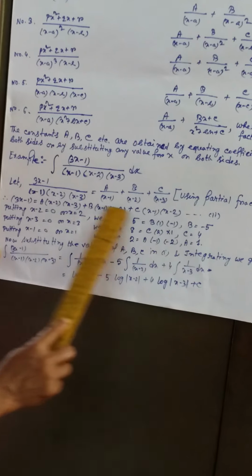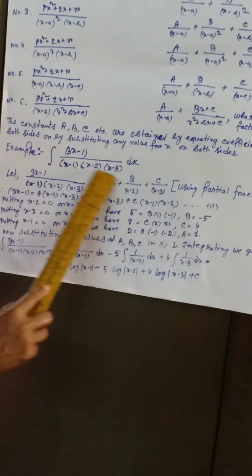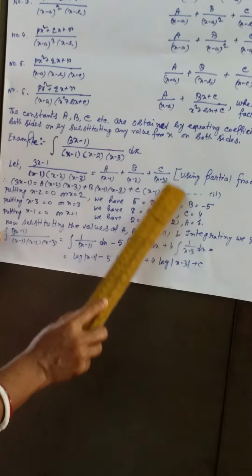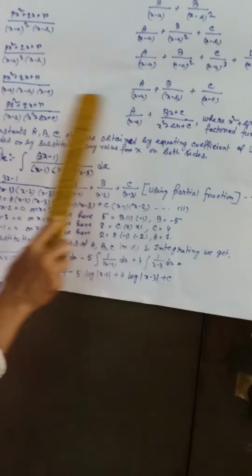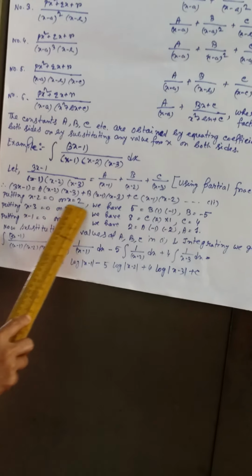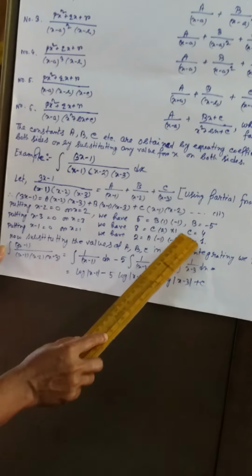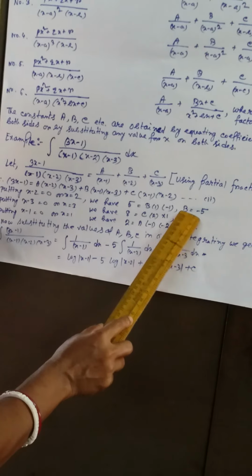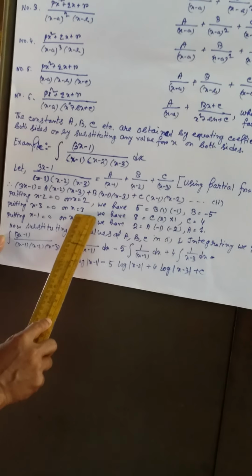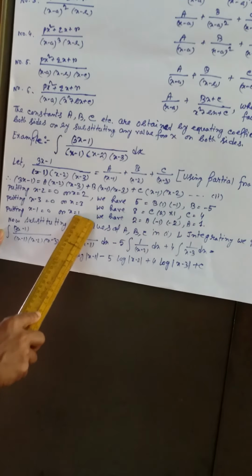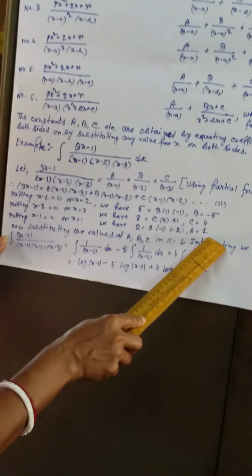After simplifying and applying the formula number 5, as there are three factors, you will get the values of A, B and C. Putting x equal to 2, you will get B equal to -5; putting x equal to 3, you will get C equal to 4; and putting x equal to 1, you will get A equal to 1.